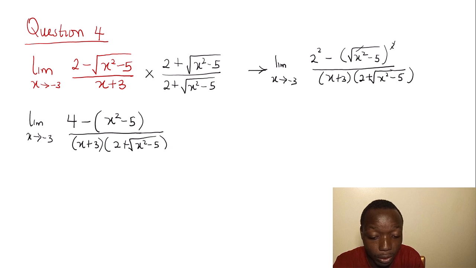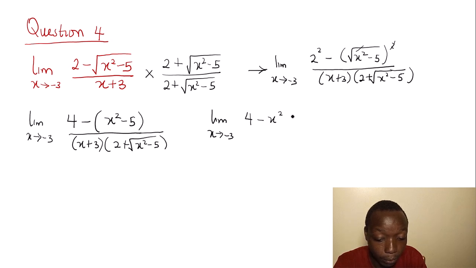Okay, so let's simplify the numerator. So you're going to have the limit as x approaches -3. Here we're going to have 4 minus x squared, and you're going to have plus 5, over x plus 3, and 2 plus the square root of x squared minus 5.